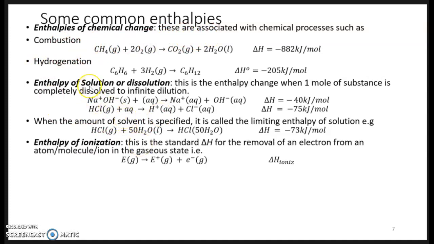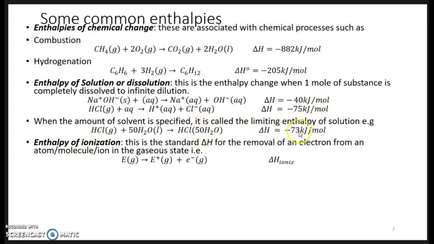Then there is the enthalpy of dissolution or solution, the enthalpy change when 1 mole of substance is completely dissolved in infinite dilution. If you notice, these enthalpies are given per mole, because 1 mole of the substance is undergoing the reaction. 1 mole of CH4 is undergoing combustion. 1 mole of benzene is undergoing hydrogenation. 1 mole of sodium hydroxide is being dissolved, so it's minus 40 kilojoules per mole.